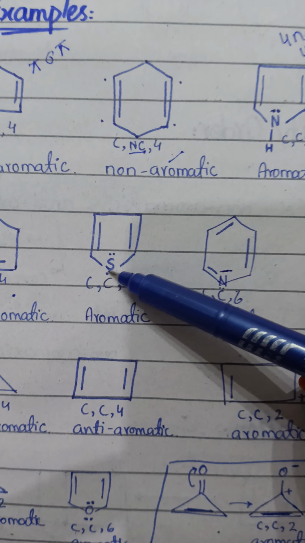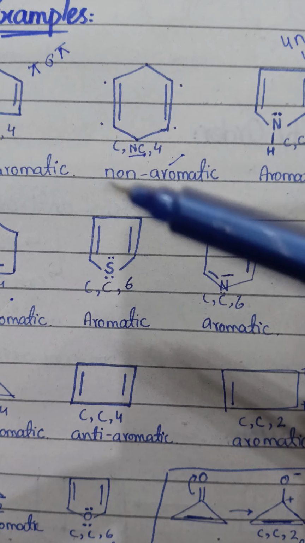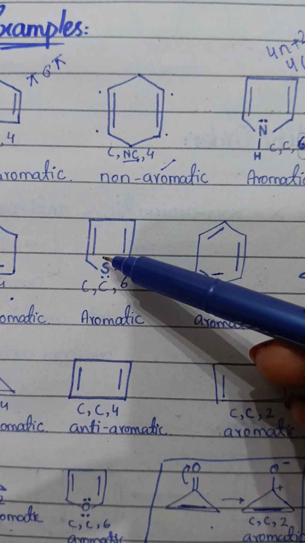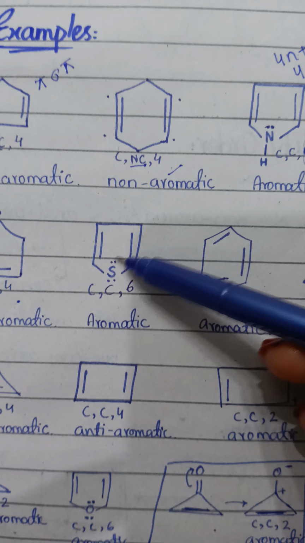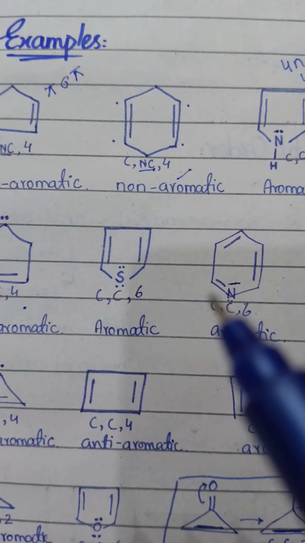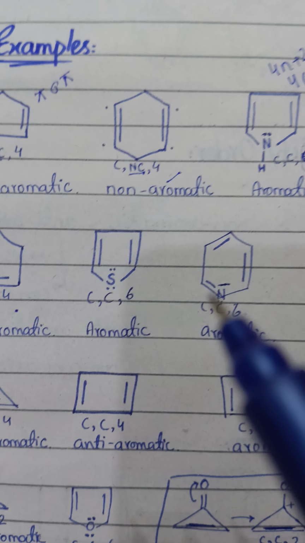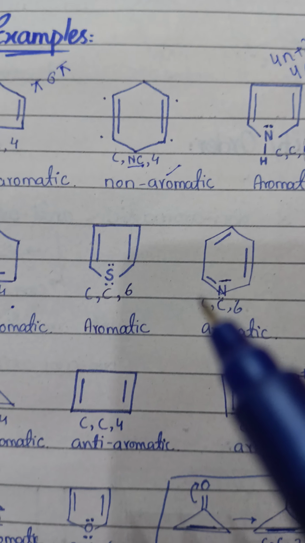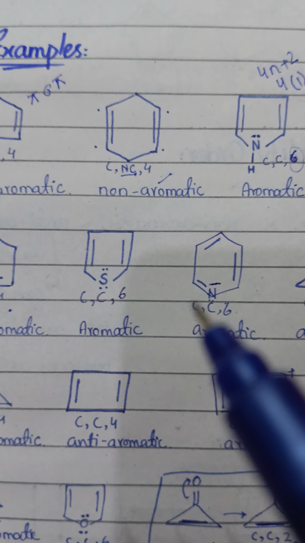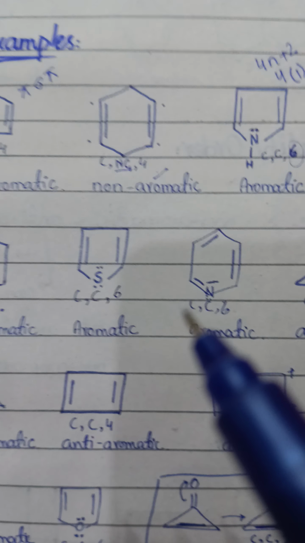Now this lone pair is present outside the sulfur ring, so we can't count these electrons. We count the lone pair which is present inside the ring. So it has only 6 pi electrons in it, and I have explained to you that a molecule with 6 pi electrons is considered an aromatic compound. So therefore it is aromatic.